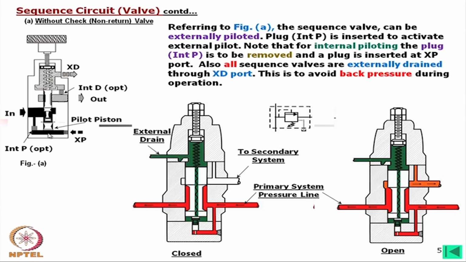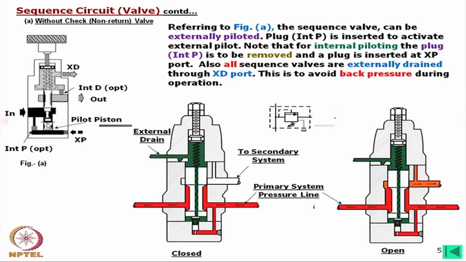Now, if I want to operate this with internal piloting, in that case we have to plug this one and open this one. Then oil will come here, again we will find this side balanced, and there is a very small passage.